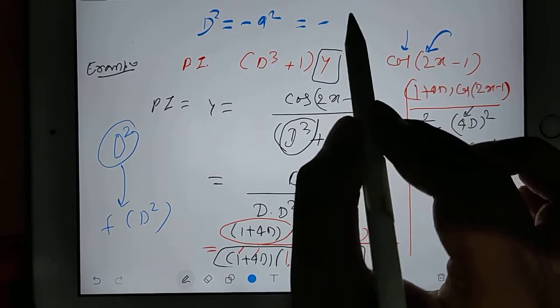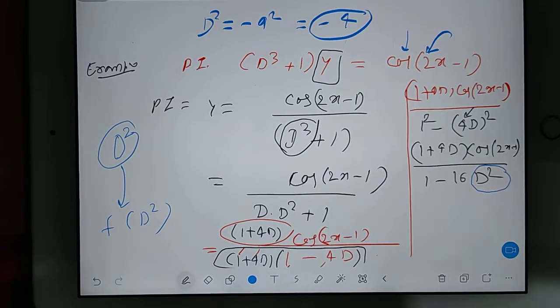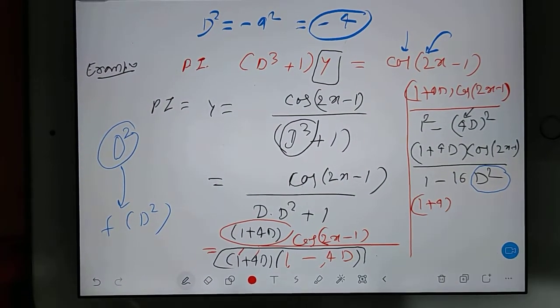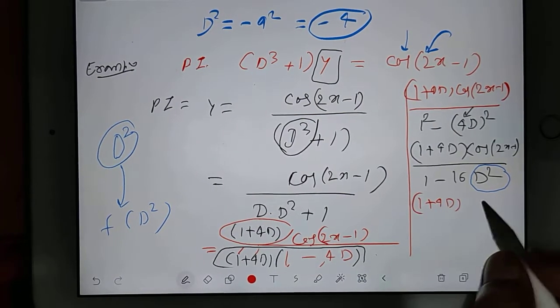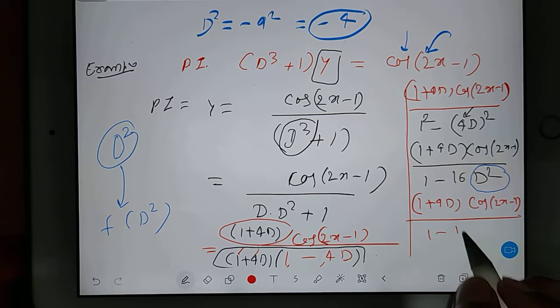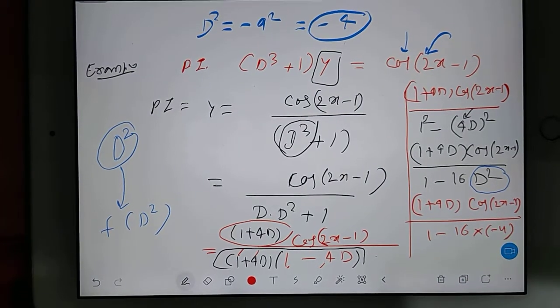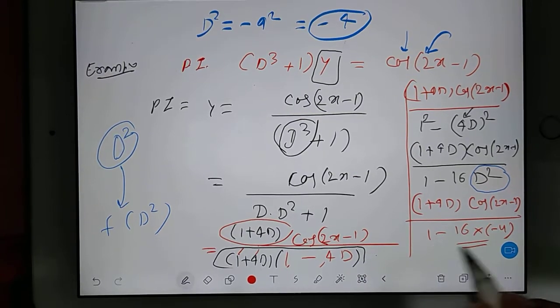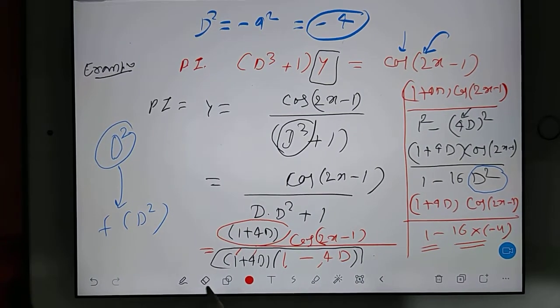Minus a square is minus 4. So replace d square with minus 4. So 1 plus 4d, don't miss the d, 4d cos 2x minus 1 divided by 1 minus 16 into minus 4. So this will be plus 64 after the multiplication. So plus 64 here and 1 here, plus 65.